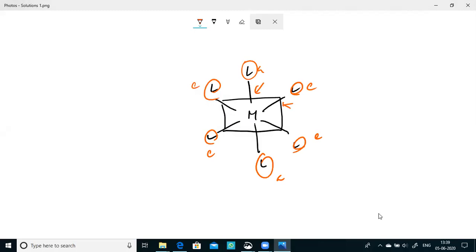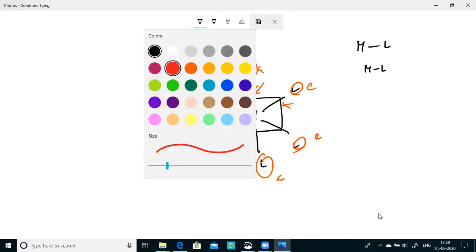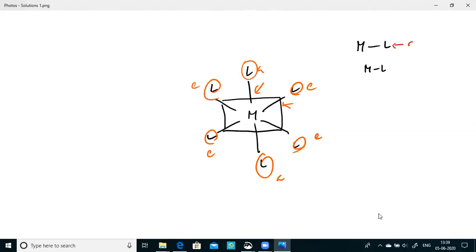These ligands are in the equatorial position. If you take the bond length for the axial bonds, and this for the equatorial.